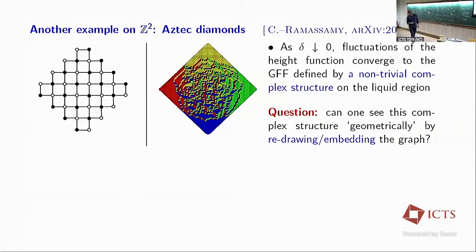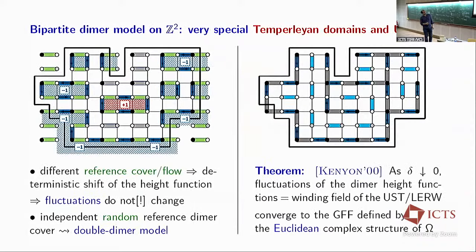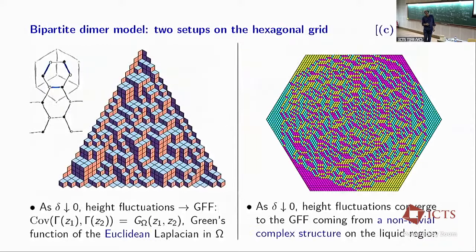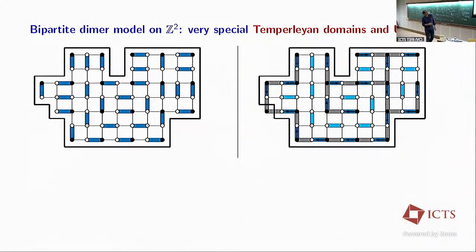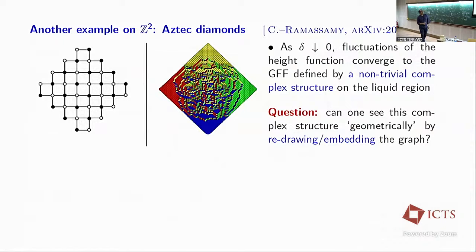And you ask yourself how a random dimer cover of this graph looks. This is similar to the figure that I've already shown for the hexagon, with rough and frozen regions. By the way, please raise your hand if you never saw this figure before.